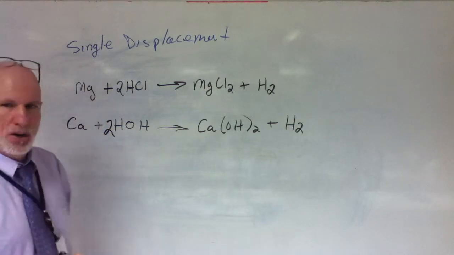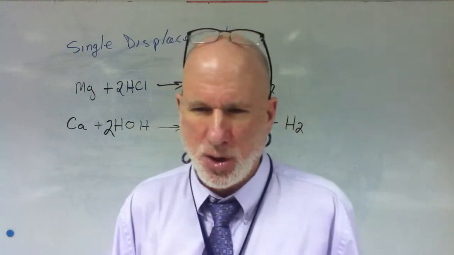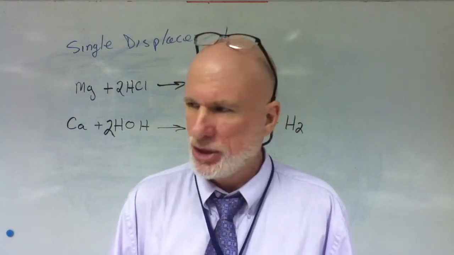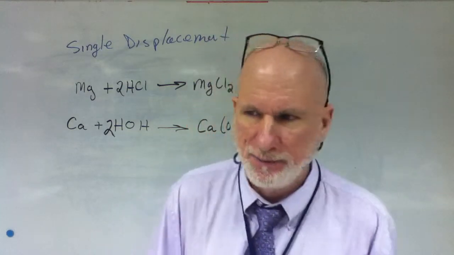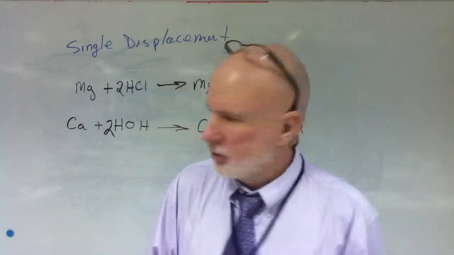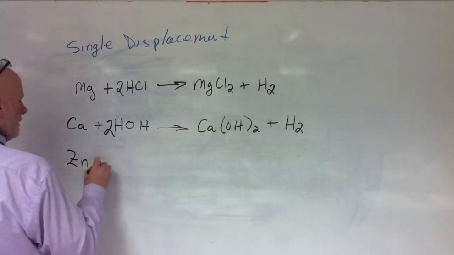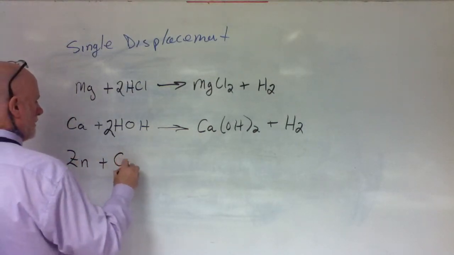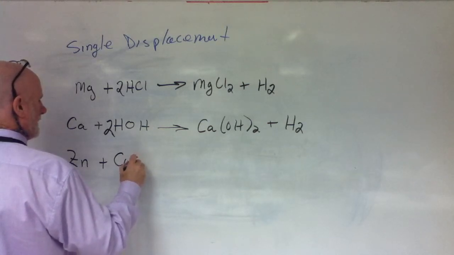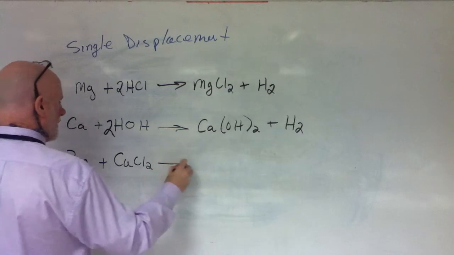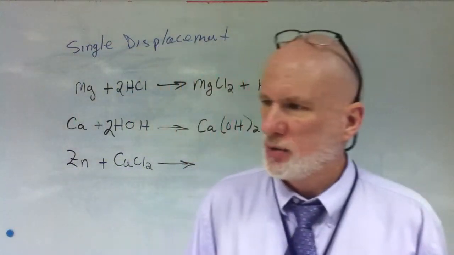So, easy? Right? What's the next one? Salts. We're actually going to do this lab. I think this is going to be the first lab we do once we get our room back. Metal plus salt. We're going to go zinc plus copper II chloride. I'll give you a hint.